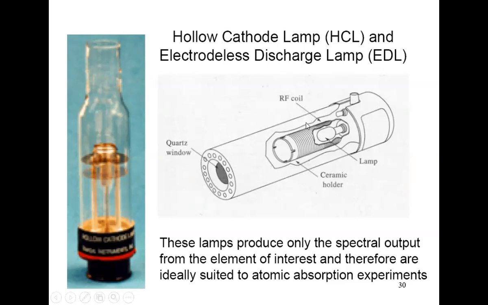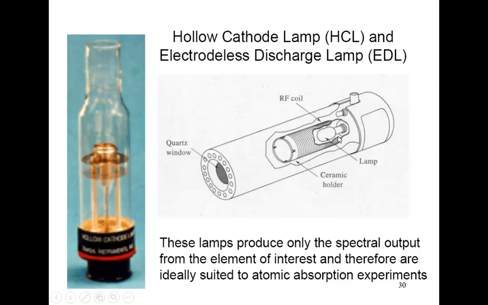Then there is a lamp in the middle here and a ceramic holder. Now the electrode-less discharge lamp, you see, does not have an electrode. So it's called electrode-less. Instead, you have a lamp which is powered by a frequency, okay?